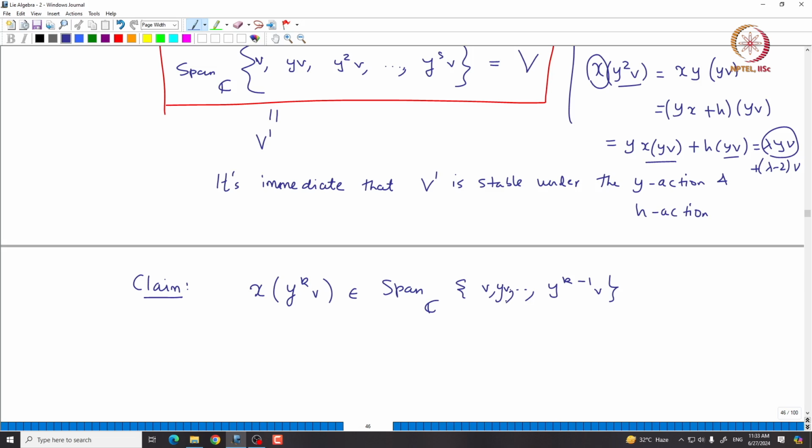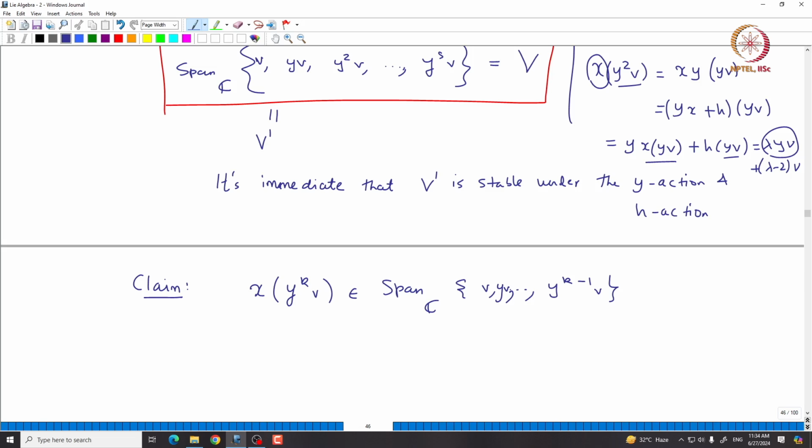Okay. So, that proves that the span of v, ..., y^s v is going to be x stable. So, in particular V' becomes an sl2 submodule. Since V is a finite dimensional irreducible representation, that forces V' to be equal to V.